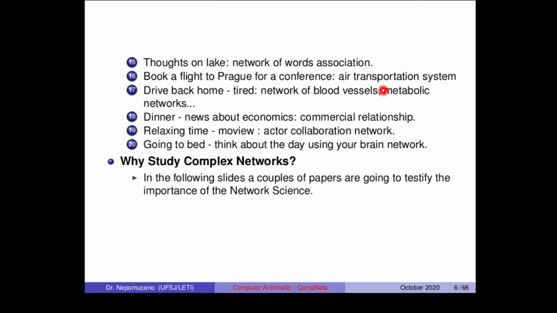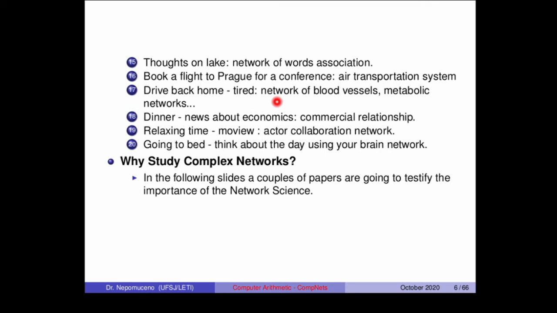You book a flight to Prague for a conference, and you use transportation systems. At the end of the day, you are tired and you drive back home, so you can see some differences in your body: a network of blood vessels, metabolic networks, and so on.